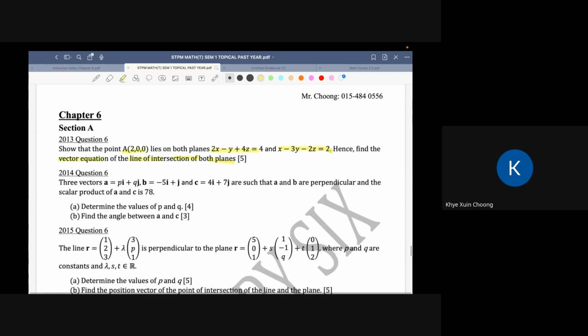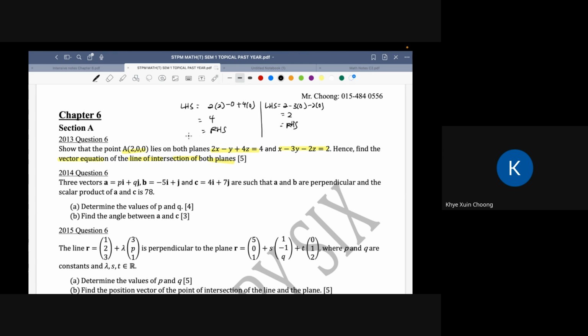You can see directly with your eyes that when you sub these two values, you get something like this. Your left-hand side equals 4, which equals the right-hand side. For the other plane, when you sub, the left-hand side equals 2 minus 3 times 0 minus 2 times 0, which equals 2, equals the right-hand side.